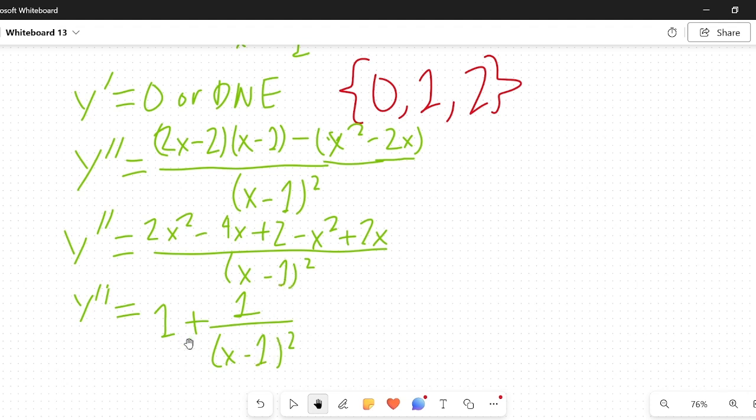So that means it could be an inflection point or something of that sort, and we don't know, essentially. And for 2, if we plug in 2, it's also going to be positive, so it's also a relative minimum.